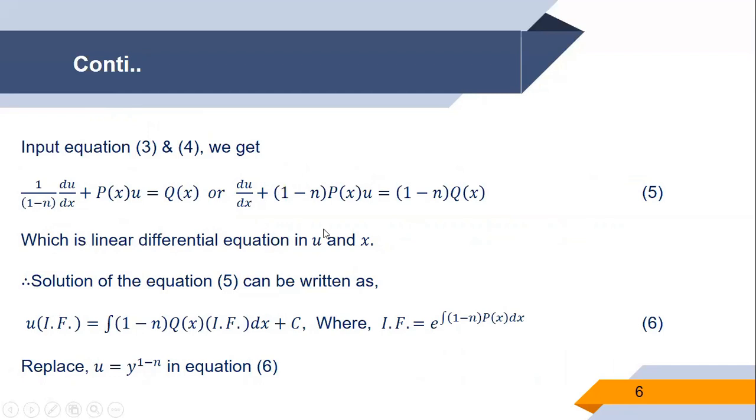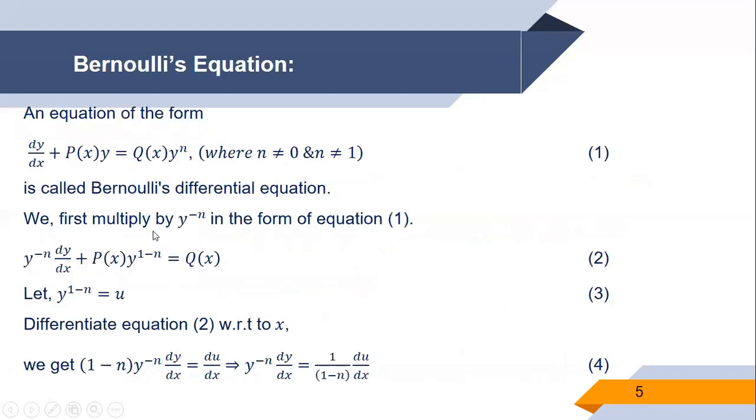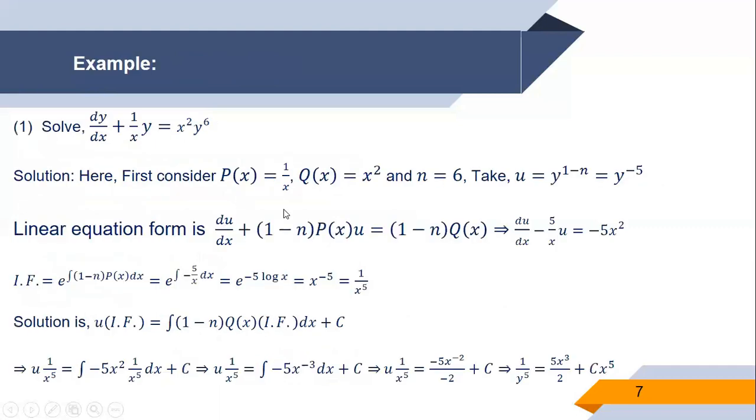The linear form is du by dx plus 1 minus n into p of x into u is equal to 1 minus n into q of x. This is the linear form of the standard Bernoulli equation, so we use this for our equation.